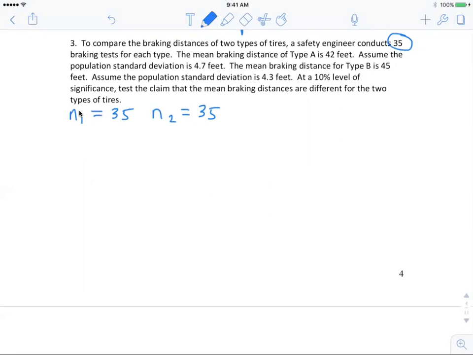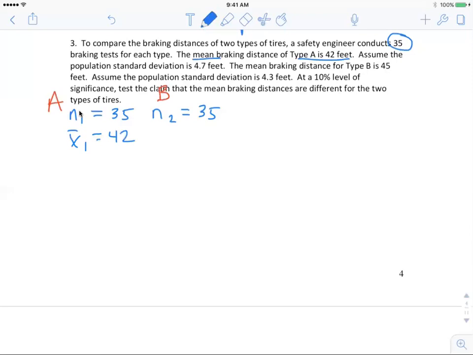Where here, the sub 1, let's say that that is for the A's, and the sub 2s are the tire B. Okay, so just to be clear there, what I'm doing. The next sentence, the mean braking distance for type A is 42 feet. Okay, that's a sample mean, and it's for type A. So I'm going to use X bar sub 1.